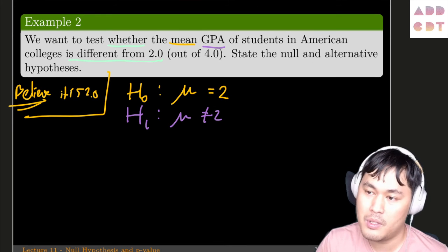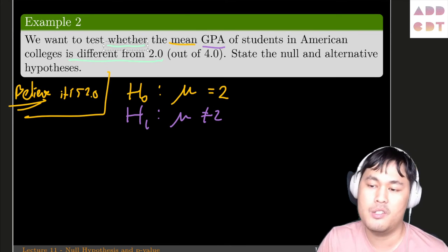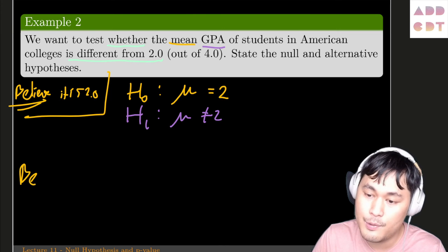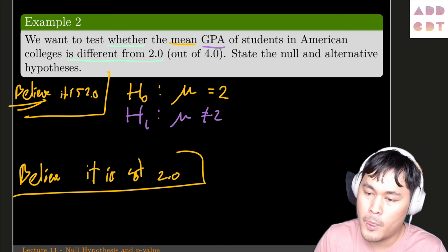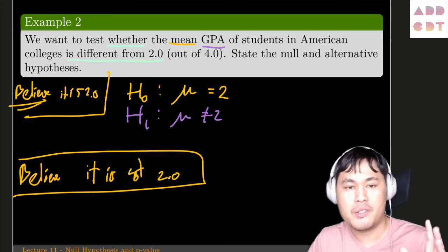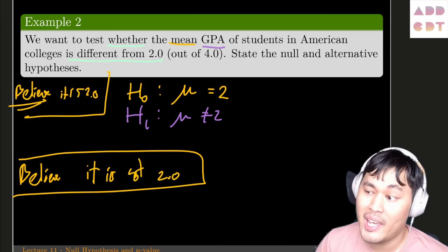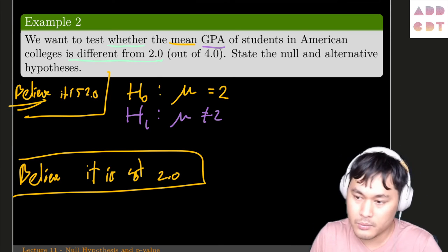But on the other hand, you might read this sentence and interpret that we believe it is not 2.0. And again, that's fine too. You can make any kind of hypothesis you want.